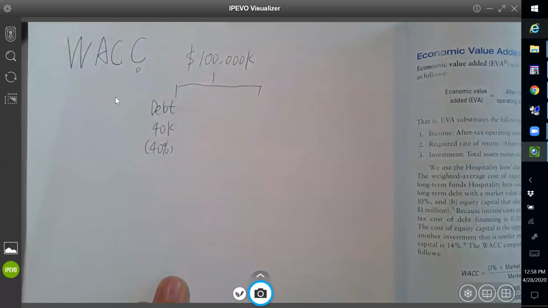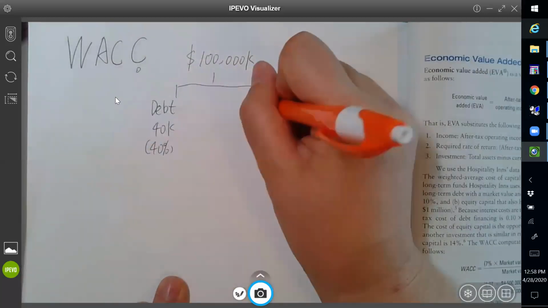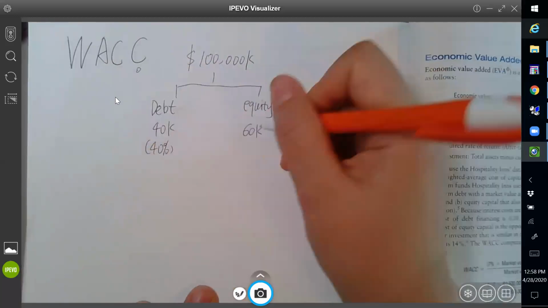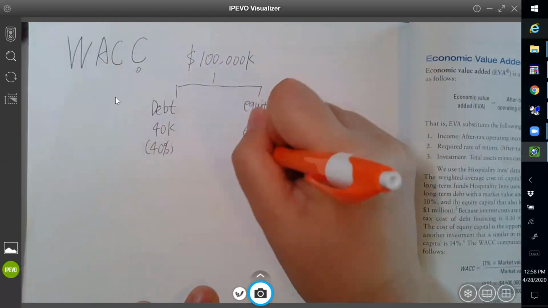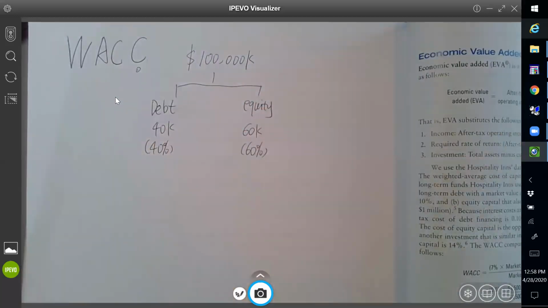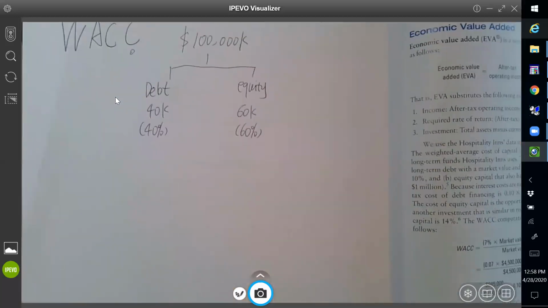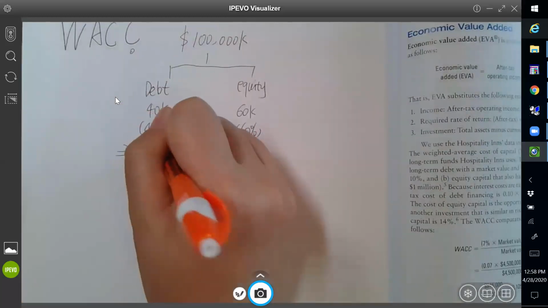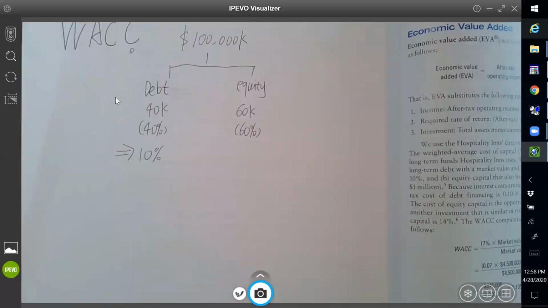The other method is you issue equity, right? You issue stock, and in this situation you issue 60,000, which is 60%. For the debt, the bank or your family charges 10% as the interest rate.